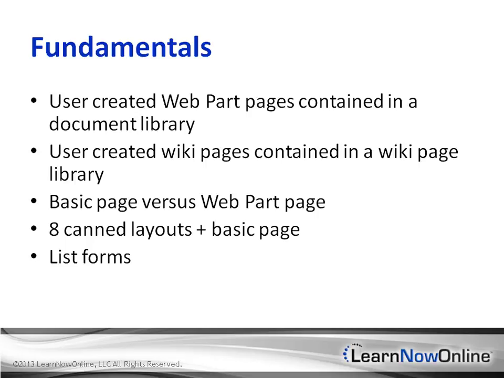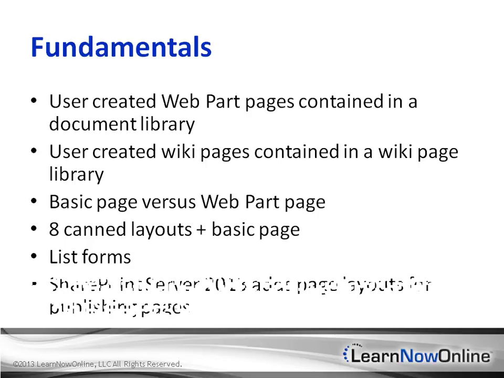The other types of web pages are the pages that come with list forms. When you create a new list, some ASPX pages get created by default for the new, the edit, and the view page. And then also, when you turn on publishing in SharePoint Server 2013, that adds several different page layouts for publishing pages.